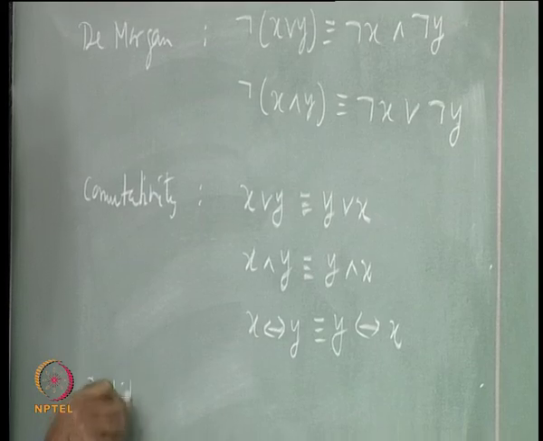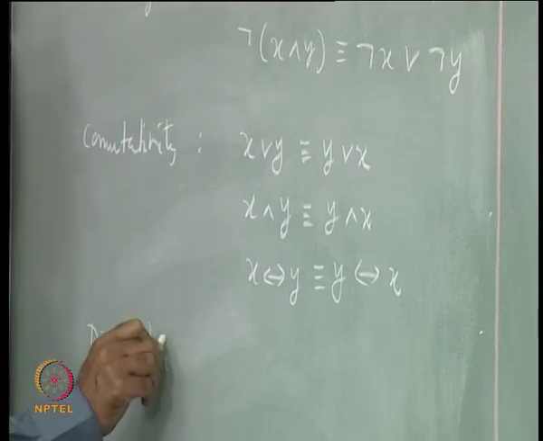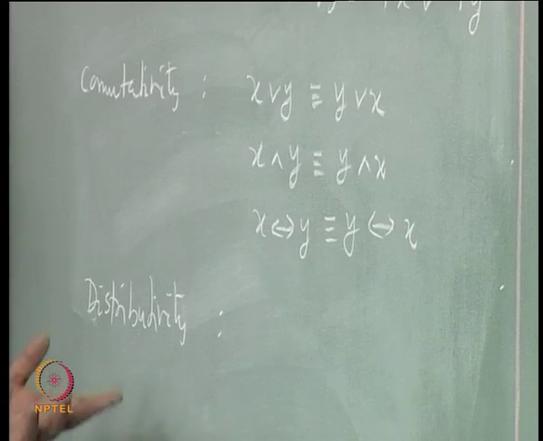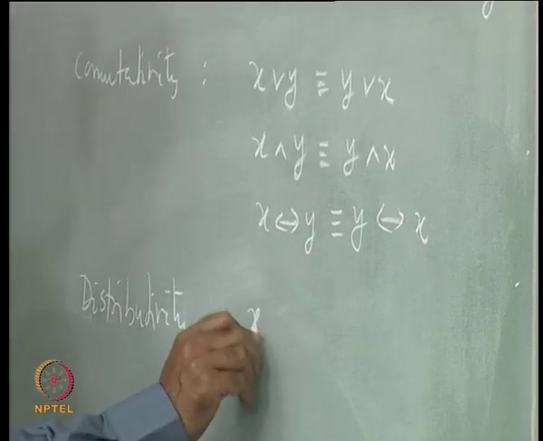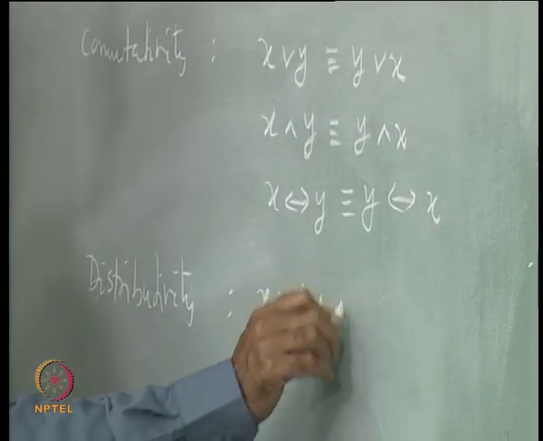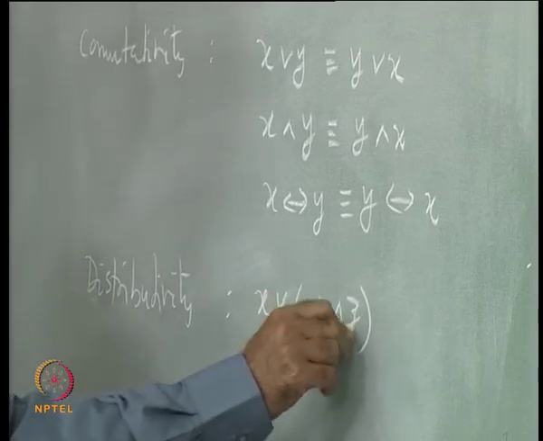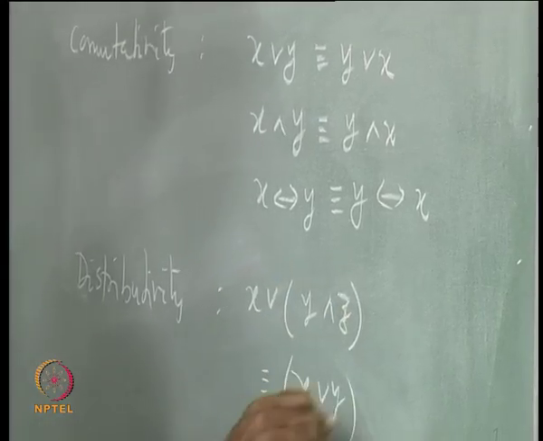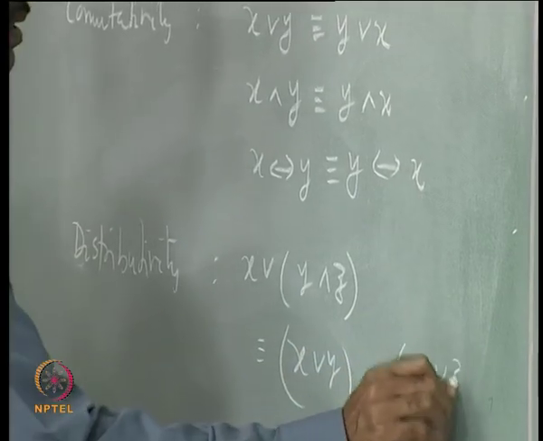Similarly, distributivity, there are so many distribution laws, we will give only one or two. So, this says x or y and z is equivalent to x or y and x or z.